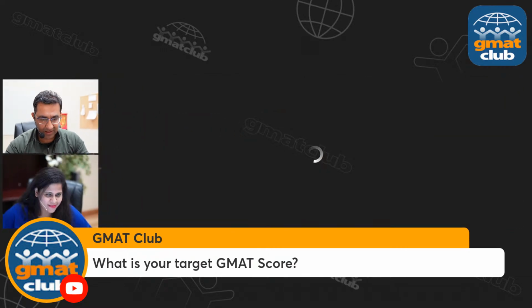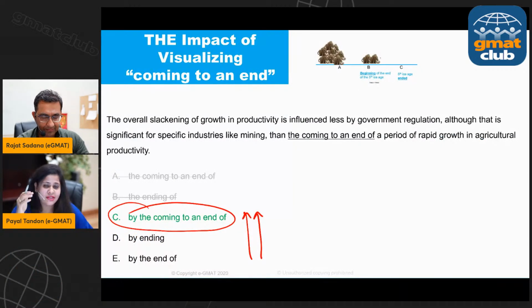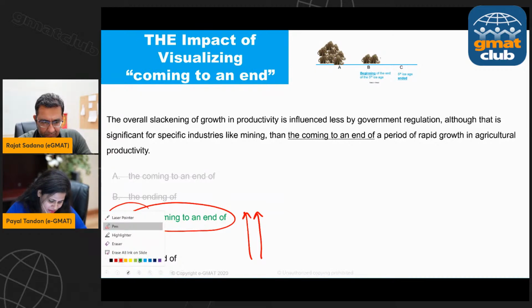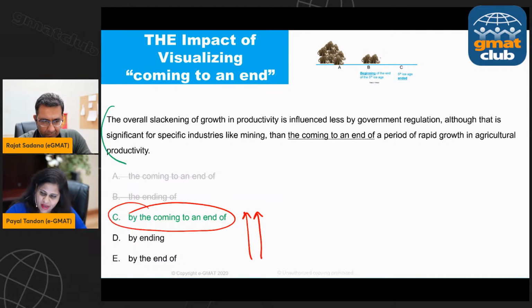So the level of understanding, or the commitment that we are looking for from you all right now in this session, is that if you visualize the sentence to this degree, then you will be able to answer the question accurately and in less time.